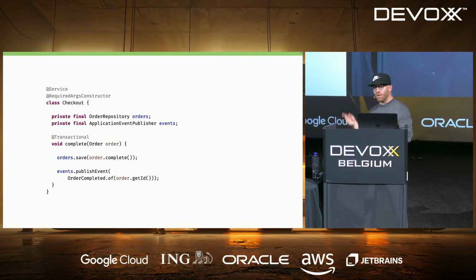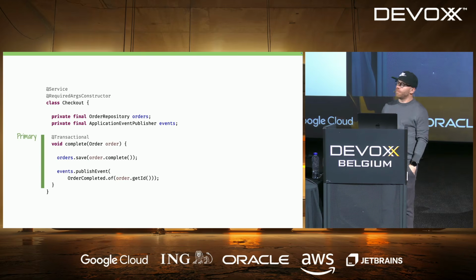Instead of having all the other dependencies injected into this thing, we inject an application event publisher, perform our primary functionality as before, and then signal, oh, here's an order completed of order get ID 4711, whatever is coming back there.